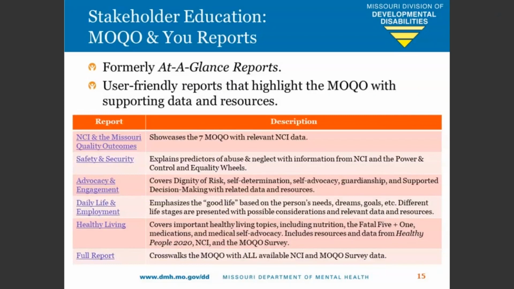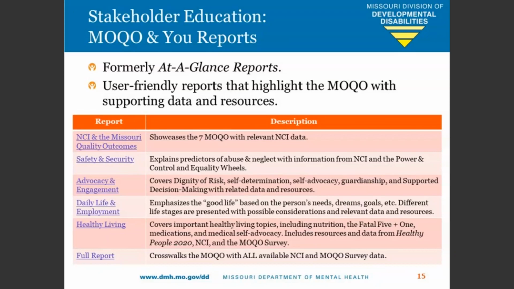We changed the name to reflect the fact that these are for individuals. Also, some of the reports were pretty long, and the old name didn't really apply to some of them. So we changed the name to MQO view reports.